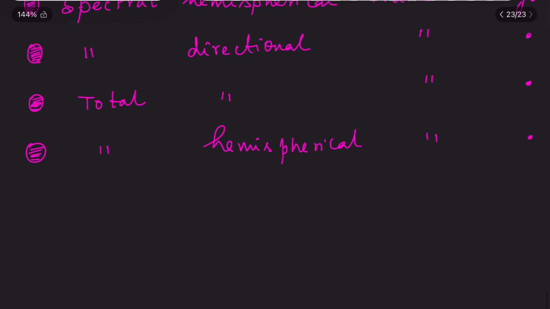Okay, the same definition types. But now a very interesting property I will talk about, and that is reflectivity.